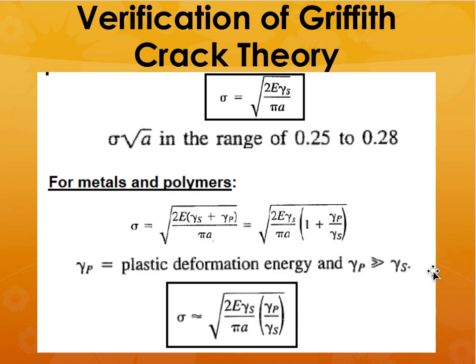So based on that, you can actually calculate these things. And if there is plastic deformation taking place, that means this will change also. So these are the equations given for all that. So please take a look at the example problems, especially to solve the homework problems that I will be posting.